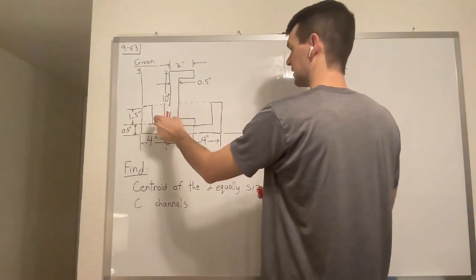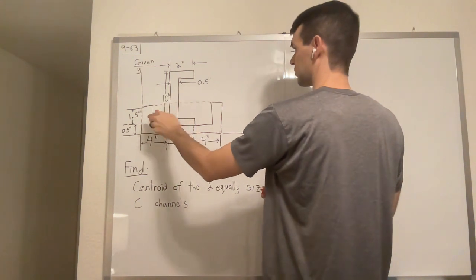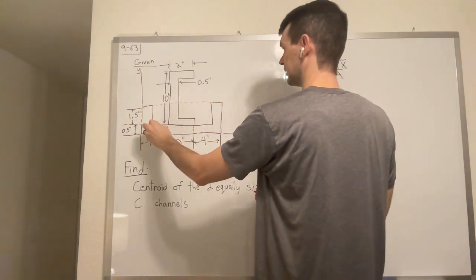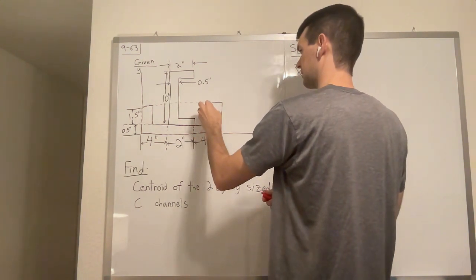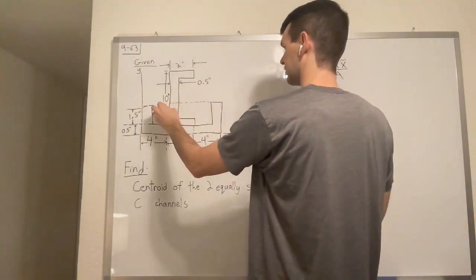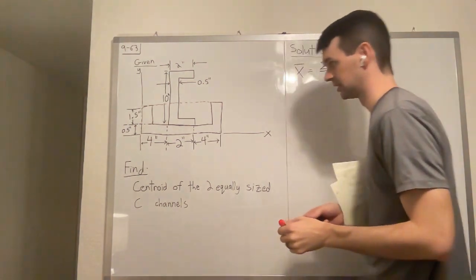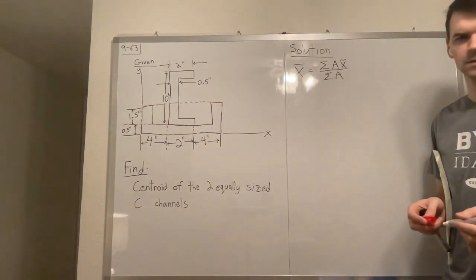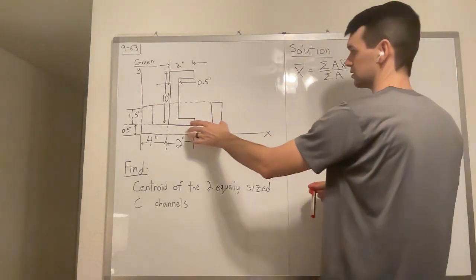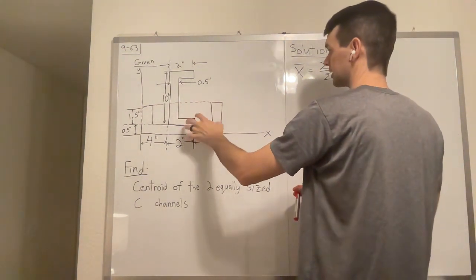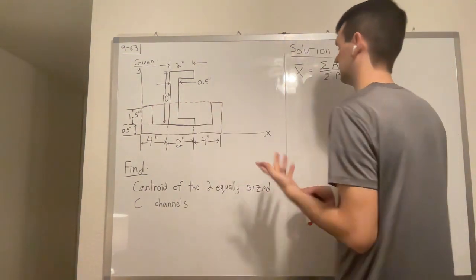And then because the C channel isn't actually that big, I'm going to subtract this slightly smaller rectangle that would fit inside the C portion of that. Hopefully that makes sense. That way I can represent each C channel as just two rectangles instead of three.